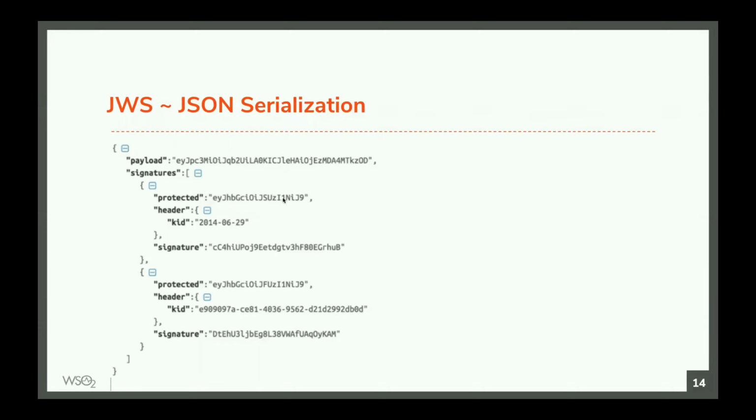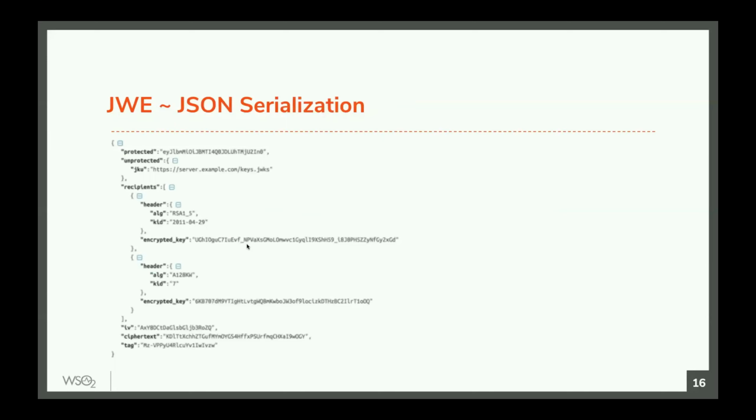If you look at each signature element inside the signature array, you have a protected element, which is once again a JSON payload. This is part of the JOSE header. If you want some custom data to be signed with different keys, rather than putting it inside the payload, you can add it to the protected header. Then you can see different text being signed by different keys. Even when you encrypt, you can do it.